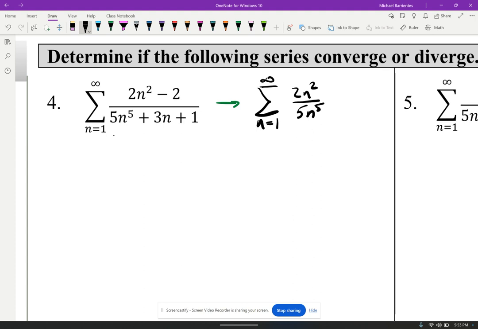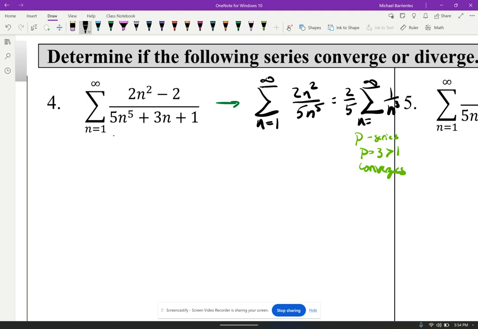So this is what I have, which I guess can also be rewritten as 1 over n to the third. N squared, n to the fifth, I can cancel 2 of these n's with 2 of the n's, and I'm left with 3 n's on the bottom. Hey, this is a p-series, where p is equal to 3. That's bigger than 1, so I know that this converges.